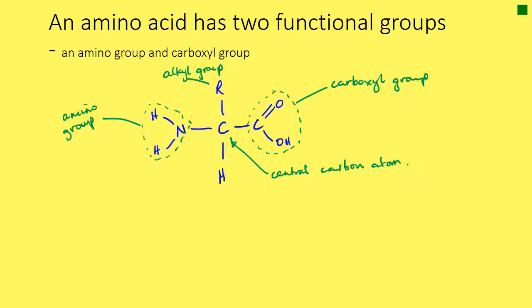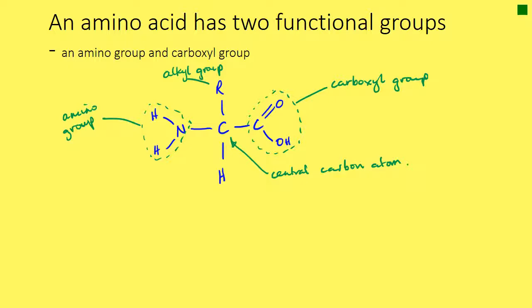Okay, so we're just going to name those. This group here is our carboxyl group. This group here is our amino group. Let's just annotate these two as well.